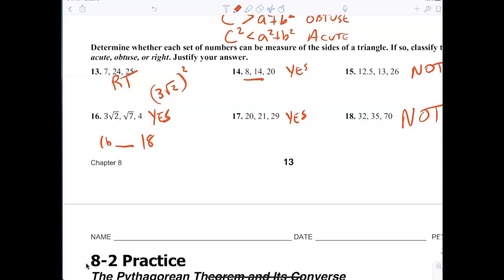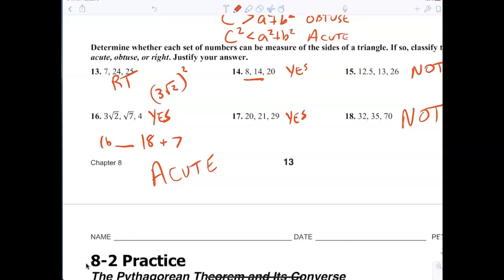And then square root of 7 squared. So automatically we would say it is what? It's a cube, right? Uh-oh. I made a mistake. Because 3 radical 2 is bigger than what? 4.